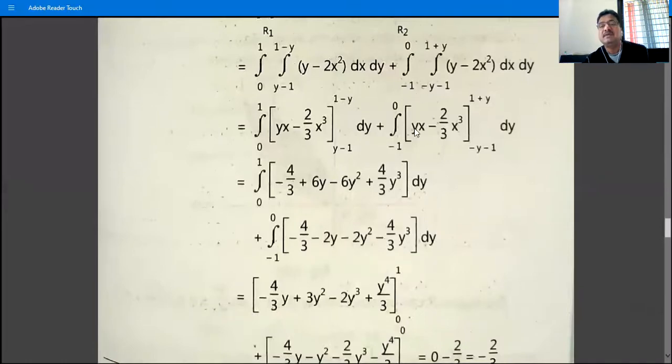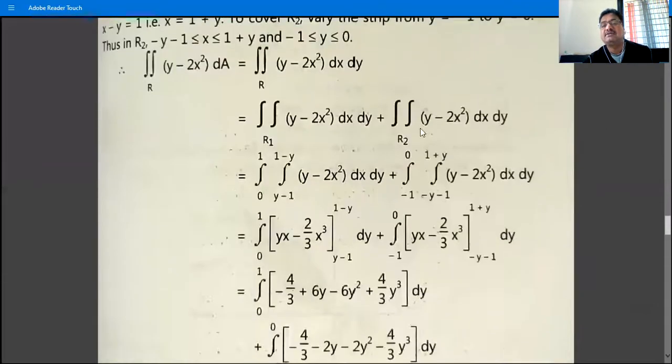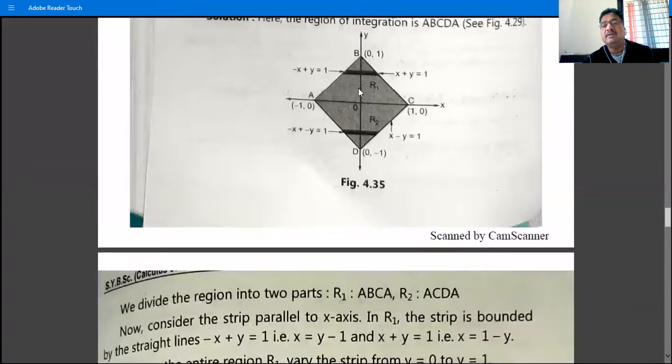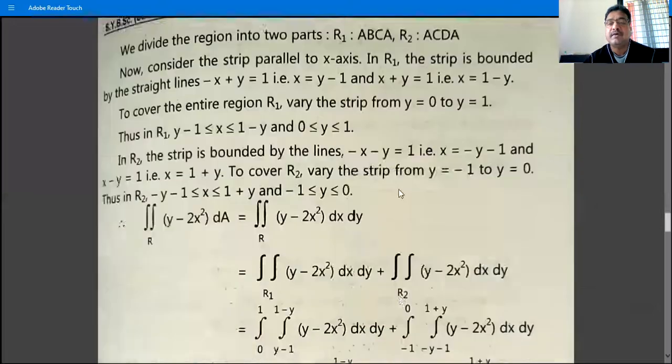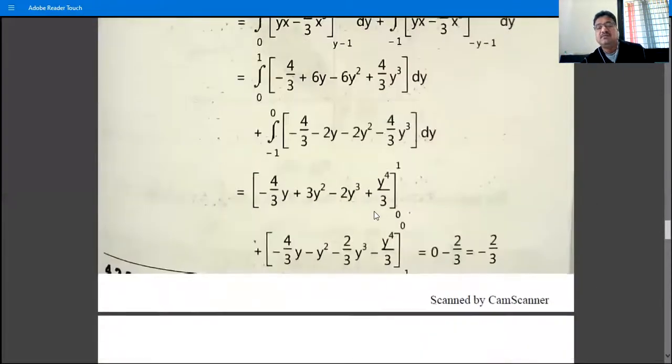From this equation, the other end of the strip touches the line x - y = 1, so x = 1 + y is the upper limit. And in order to cover this region, we have to move this strip from this point to this point. At this point y is 0, at this point y is -1. So write -1 to 0 as the limit of y, and then we have the answer.